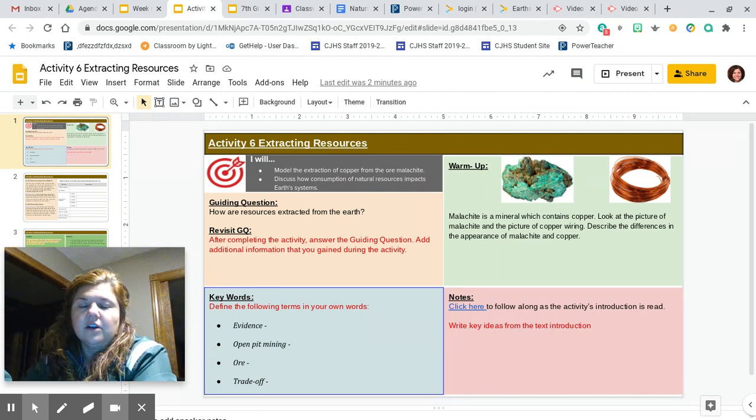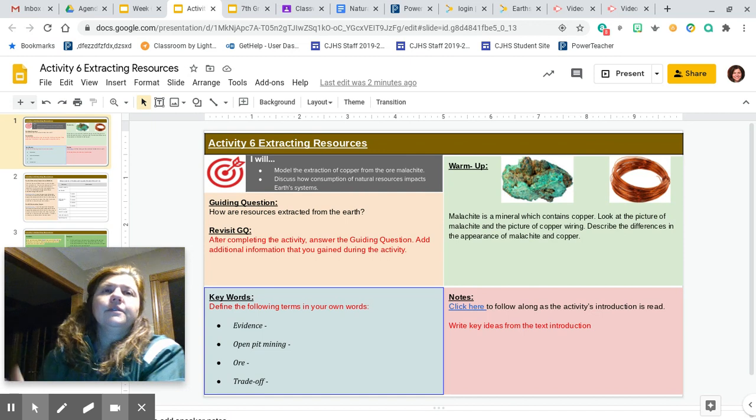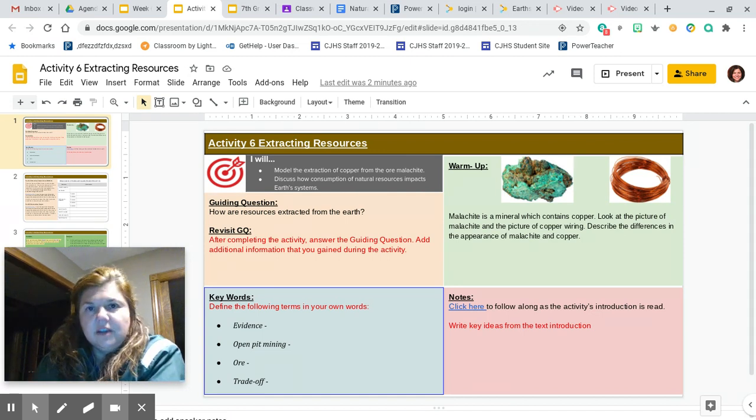Obviously, there are some natural resources that are readily available to us and much easier to get from the earth. Things like trees and water, air, not that we still don't need to take care of them.